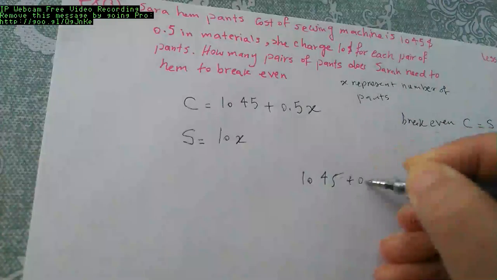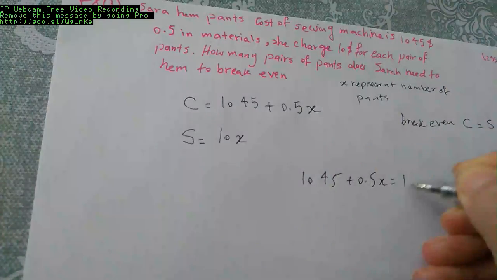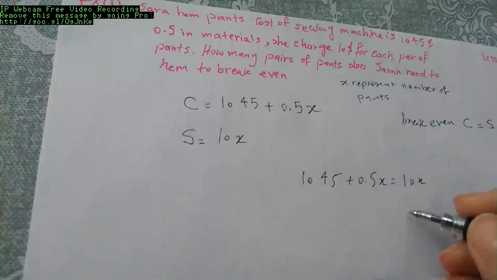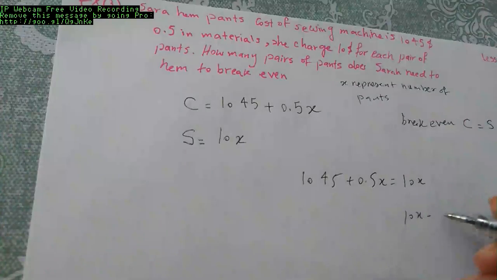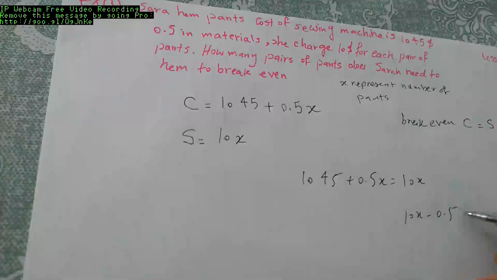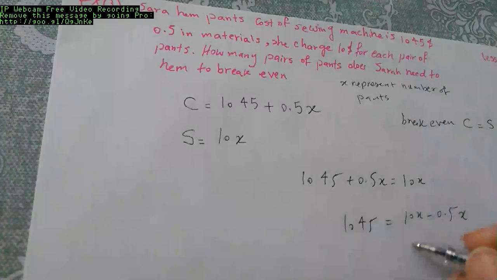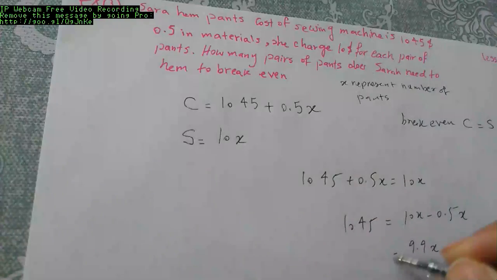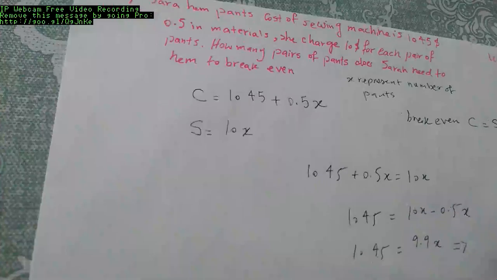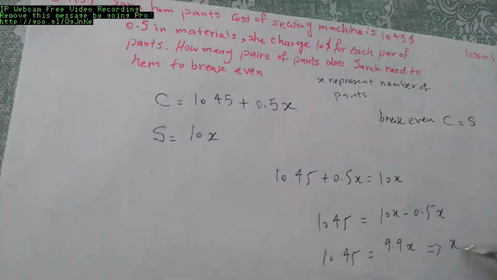1045 plus 0.5x is 10x. Bring it to the other side. It's going to be 10x minus 0.5x equals 1045. So it's going to be 9.5x equals 1045. So here x is equal to what? 1045 divided by 9.5.